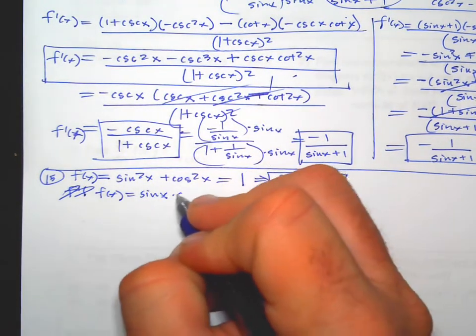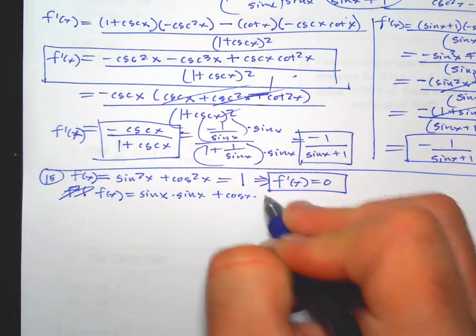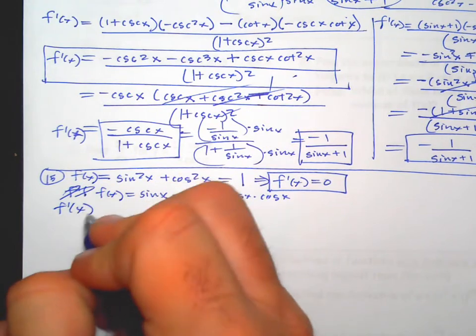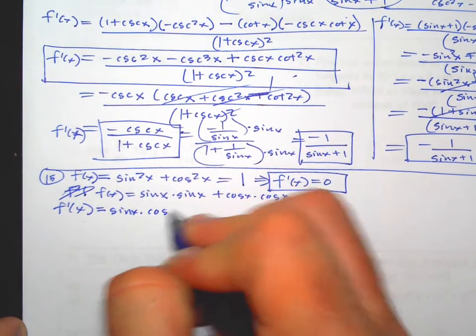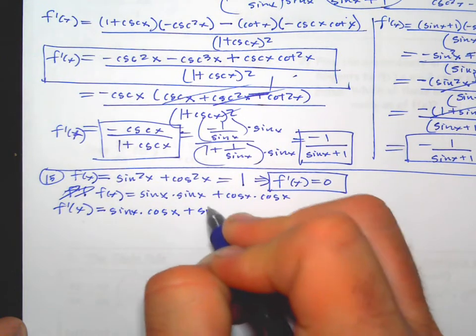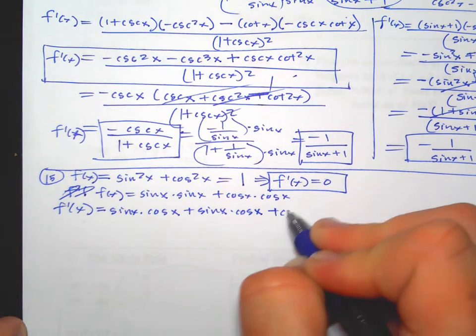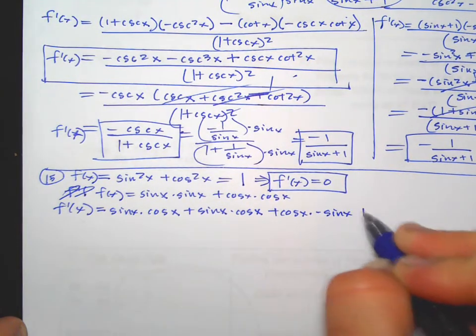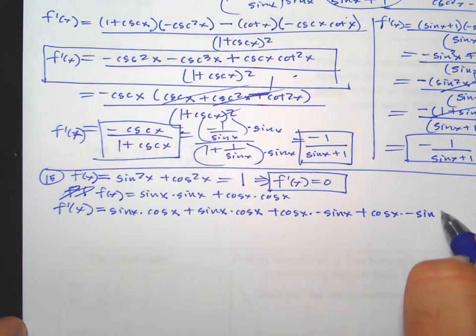Otherwise, there's a rule we haven't learned yet, so you would have to think of these as products and do f prime of x equals sine x times cosine x plus sine x times cosine x plus cosine x times negative sine x plus cosine x times negative sine x.